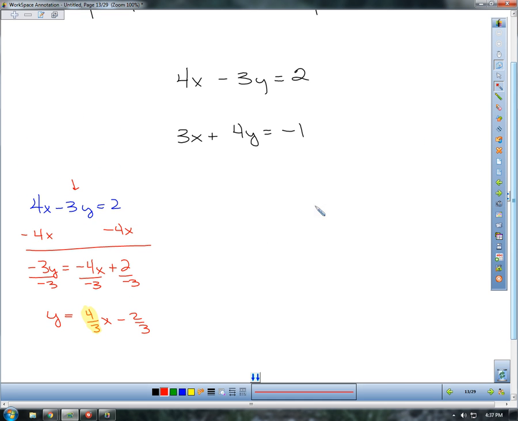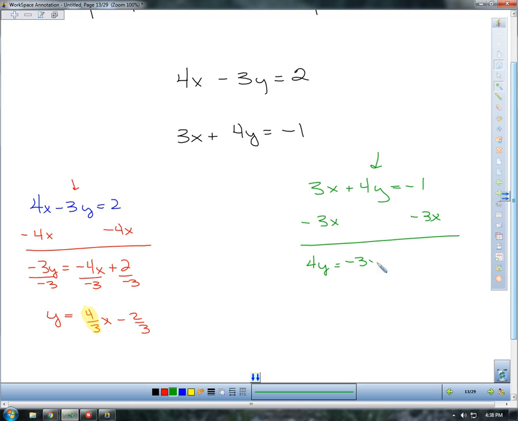Okay, we've got to fix up the other line. So I'm going to take 3x plus 4y equals negative 1, and I'm going to solve it for y, getting y by itself. So I'm going to subtract 3x from both sides of the equal sign. So I have 4y equals negative 3x minus 1. And then divide by 4.